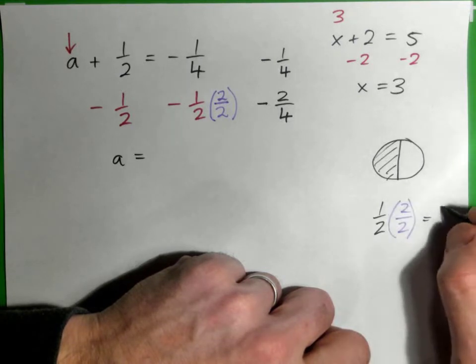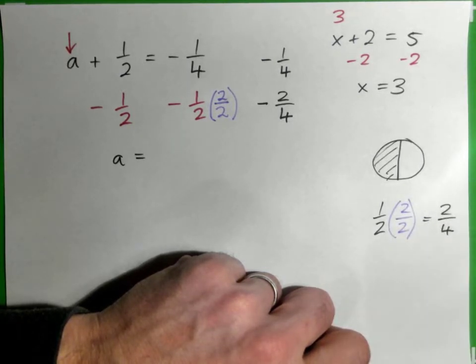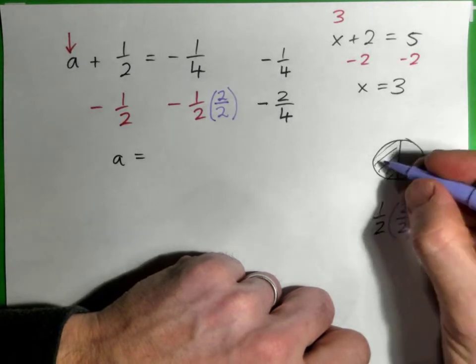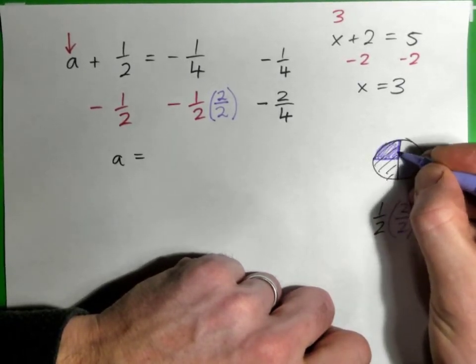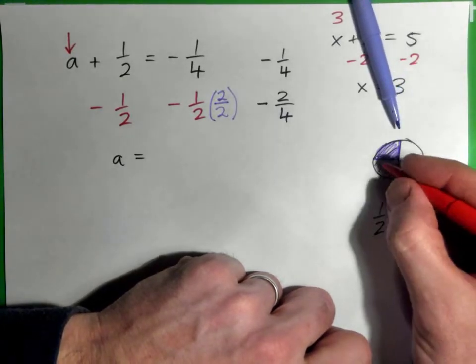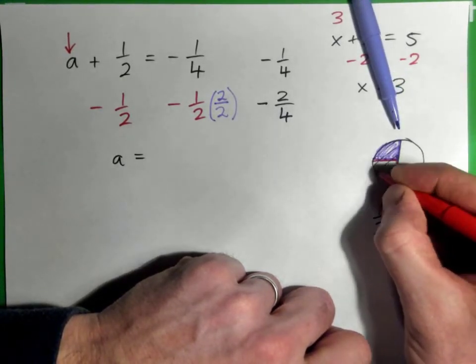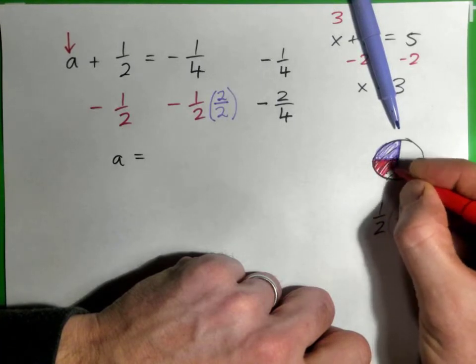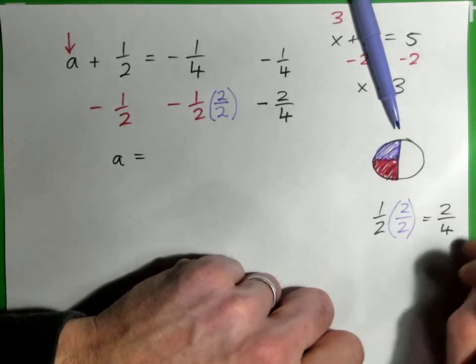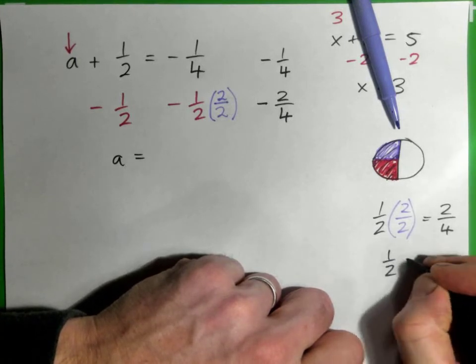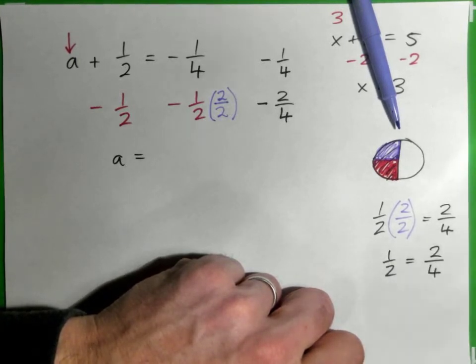I get 2/4. And here's 2/4. Here's 1/4. See it? Purple. And here's the other quarter. It's red. See it? 1/2 of the circle has become 2/4. 1/2 is the same thing as 2/4, isn't it? 1/2 equals 2/4. Does that make sense?